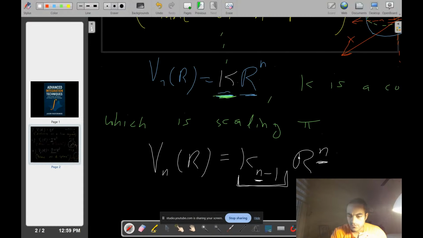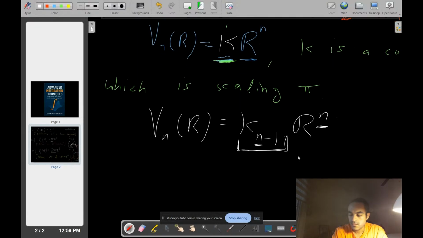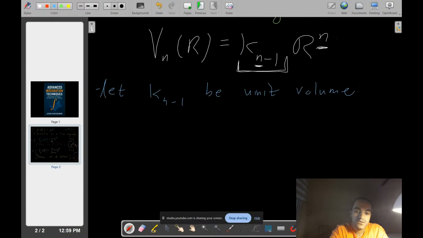Okay, so let's continue. So k sub n minus 1, I'm going to say exactly what this is. A constant volume. Let k sub n minus 1 be unit volume, such that k sub n minus 1 is equal to k of 1.